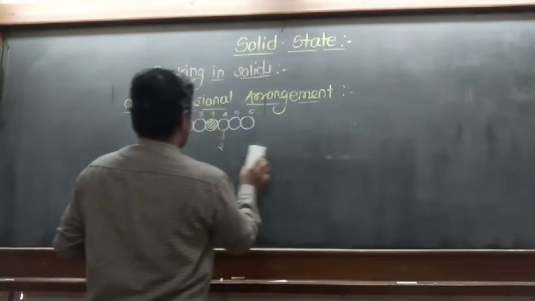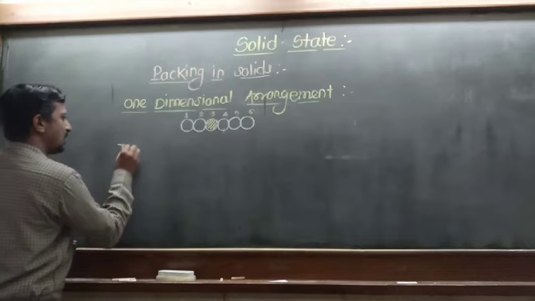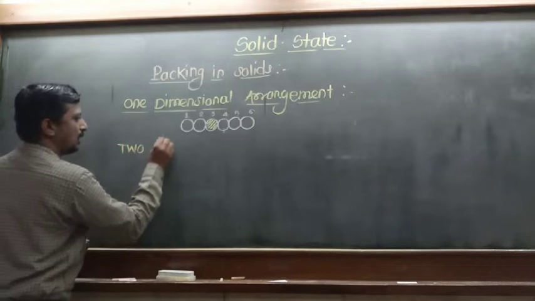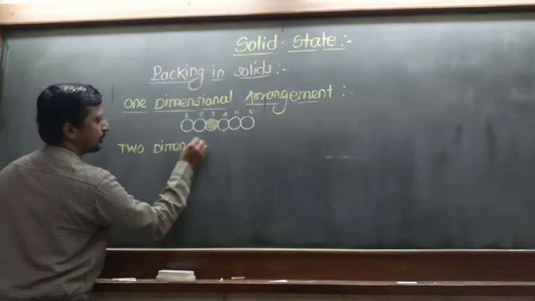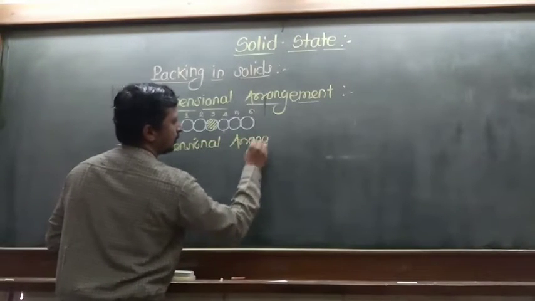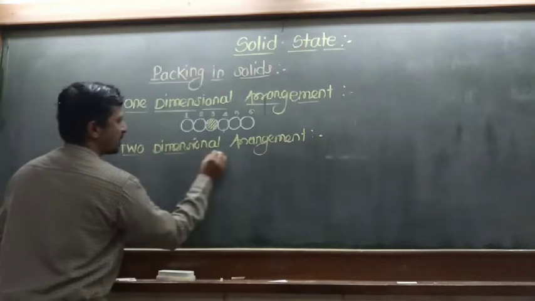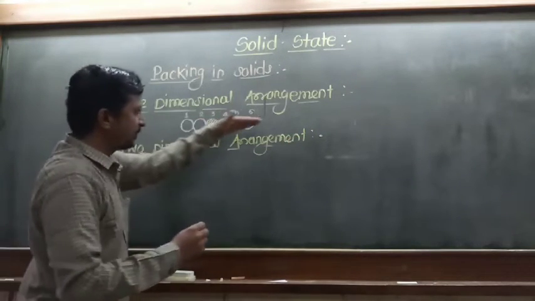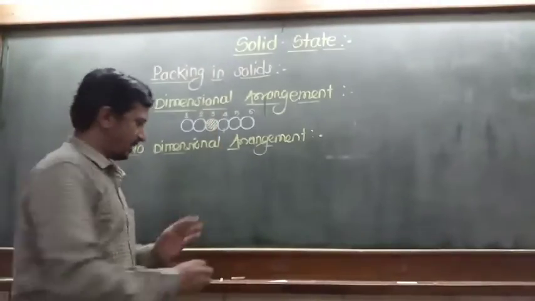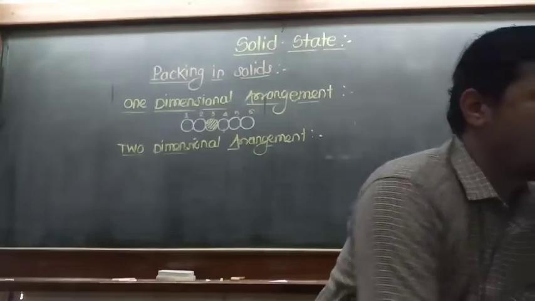So it is in one-dimensional arrangement. Now if you continue this in two-dimensional arrangement, it means x-axis is there, so just we have to continue in y-axis. Just before that, I would like to show you the one-dimensional arrangement. See here.